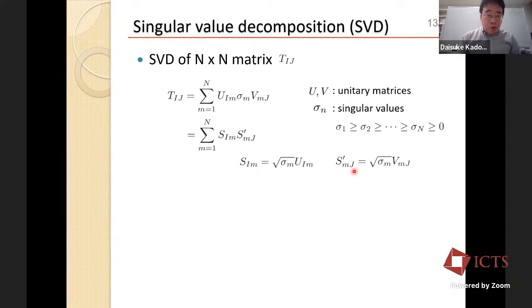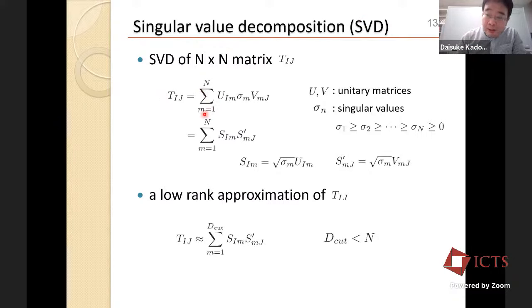And so the singular value decomposition gives a low-rank approximation of T by truncating this summation up to D. The rank of T is N in general, but the rank of the right-hand side is D because the summation is truncated.